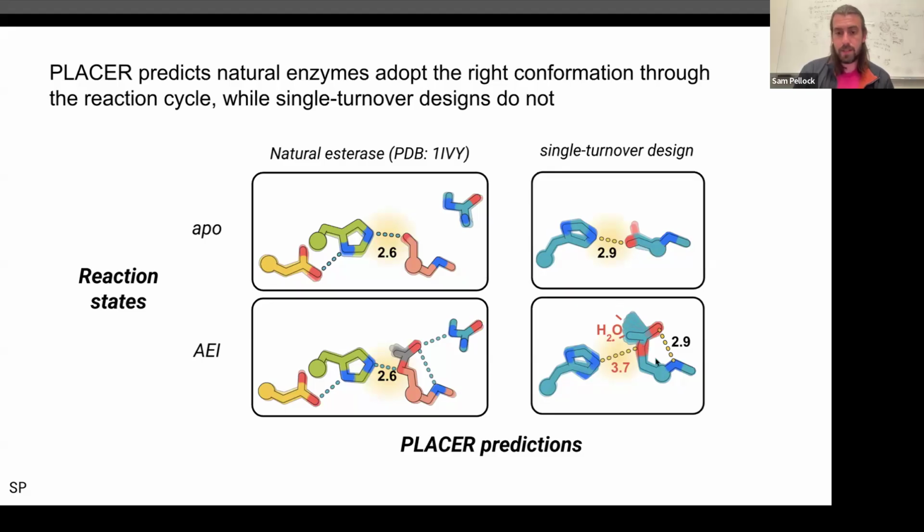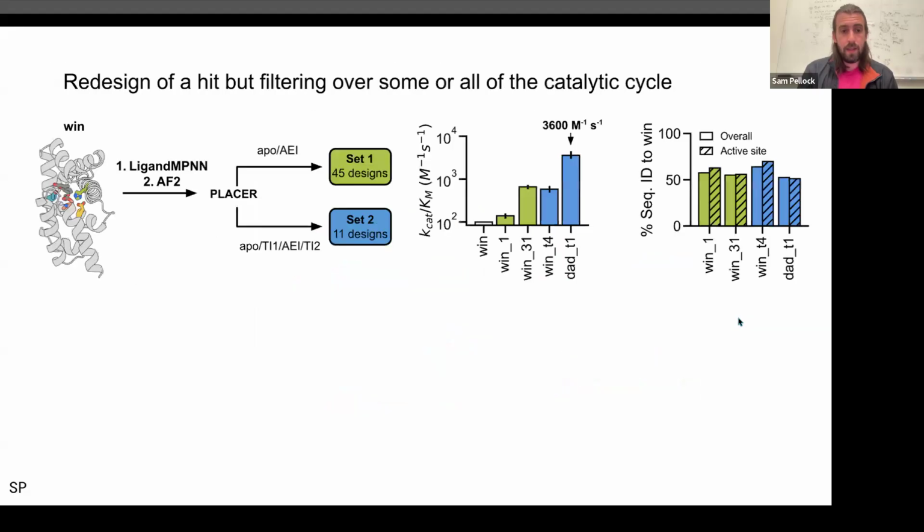So this gave us a mechanistic prediction that this might be the reason why this enzyme isn't multiple turnover: different intermediates are leading to conformational states that are unproductive. That is pretty valuable information that is often very difficult to get experimentally, so it was very valuable for us to be able to predict this with Placer.